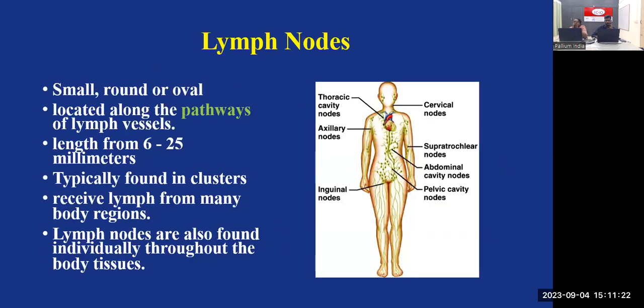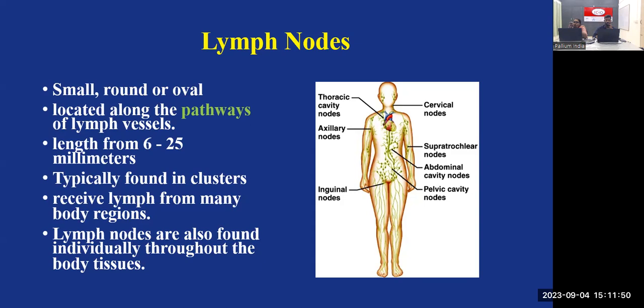Coming to the lymph nodes. We learned about the lymphatic capillaries and the lacteals, and now we are going to learn about lymph nodes. These lymph nodes play a major role in our system. We have around 600 to 700 lymph nodes in our body.